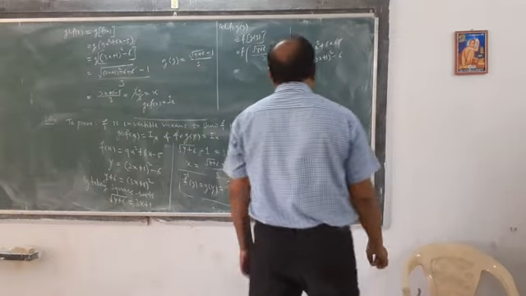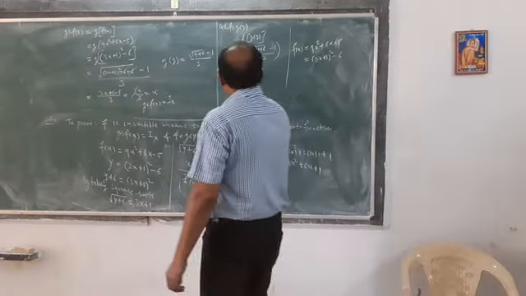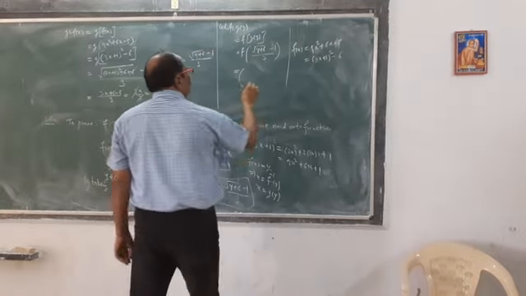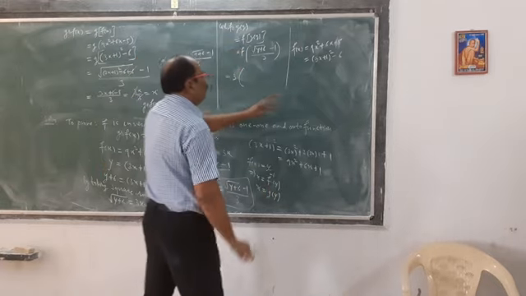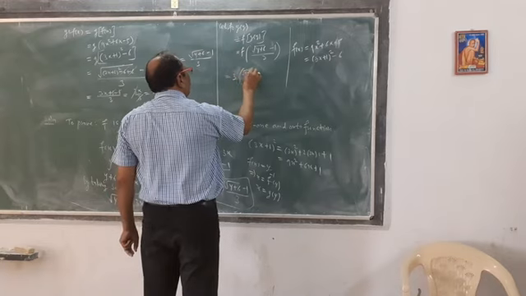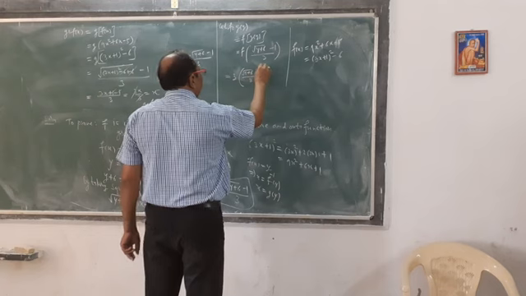3x plus 1 whole square minus 6 means, under root, 3 into x is equal to... What is x? x is square root of y plus 6 minus 1 upon 3. It is x.